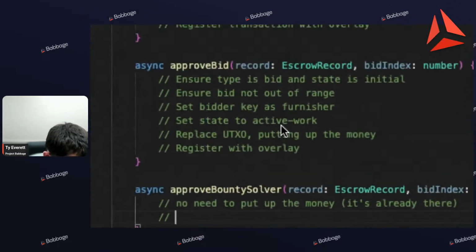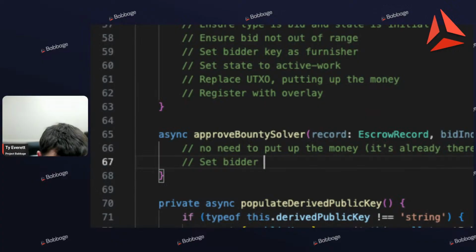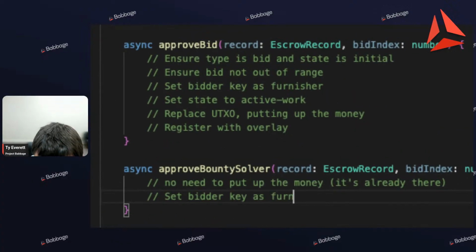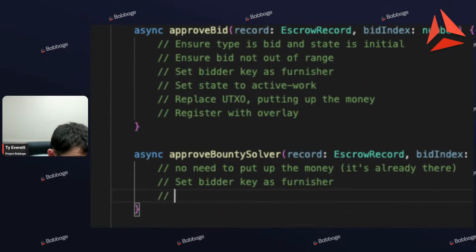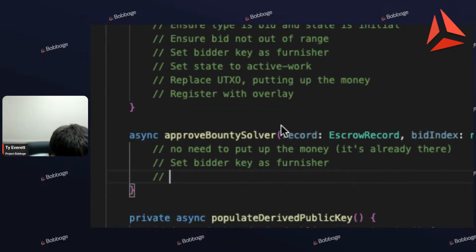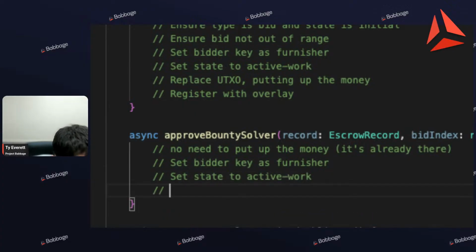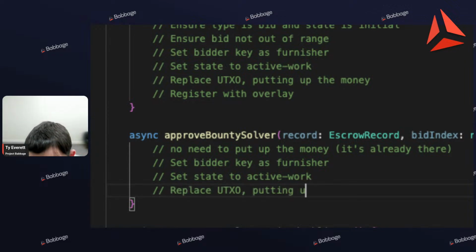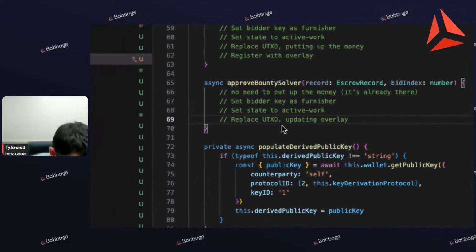Set the key as the furnisher. Okay, that's the pseudocode for that.